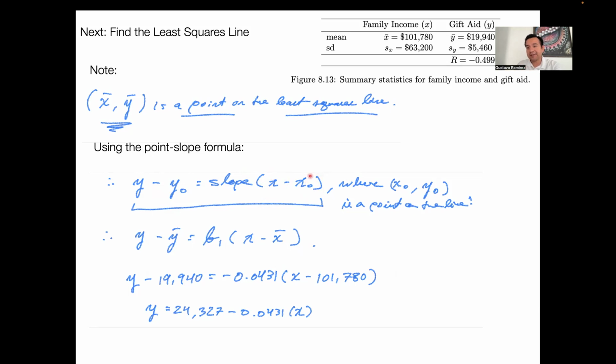That x value is the mean of your predictor variable, 101,780. That's what I've done right here.